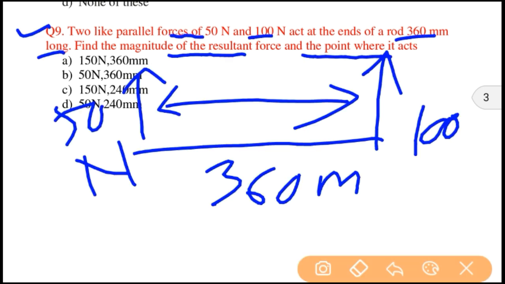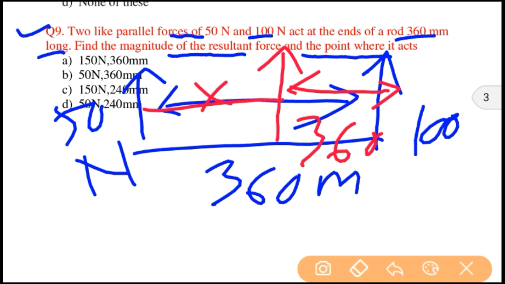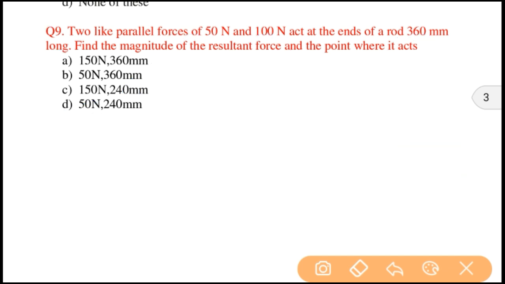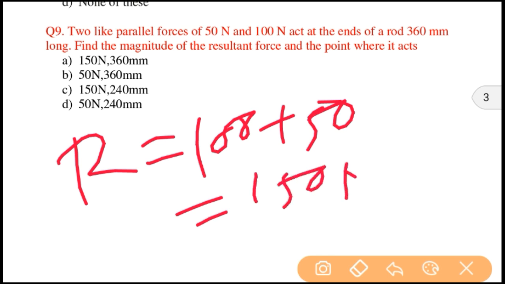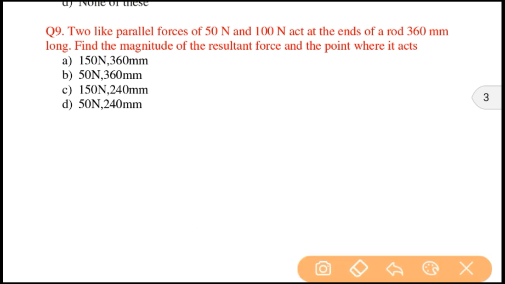Let us assume the resultant lies at a distance x from this point, so the other distance will be 360 minus x. The resultant will be 100 plus 50, that equals 150 Newton. Now we will find the point where it acts, which can be given by the moment.